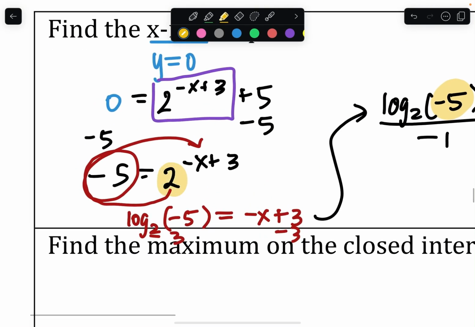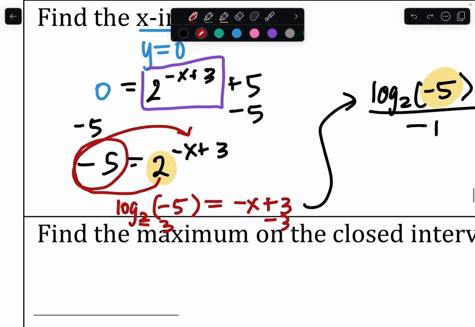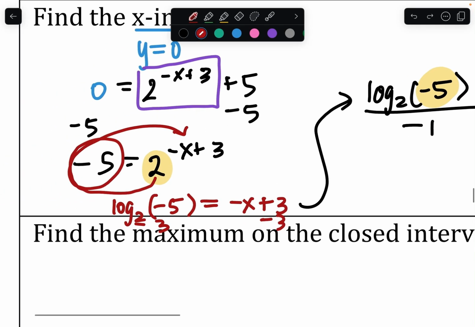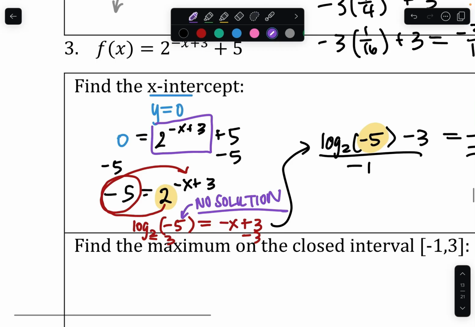You're not going to take an exponential expression and get a negative output, which is why your input of a log cannot be negative. And so right here, when you saw that, we should have stopped and said no solution. Okay, and so this function has no x-intercept.